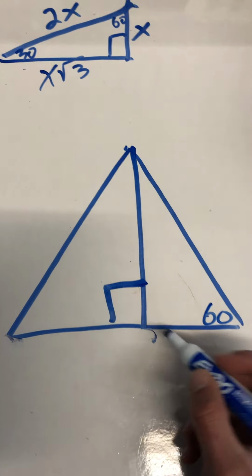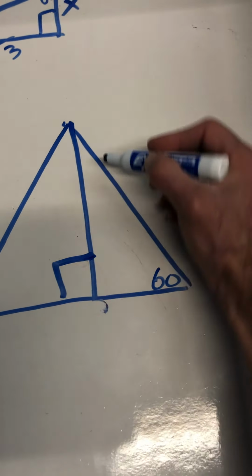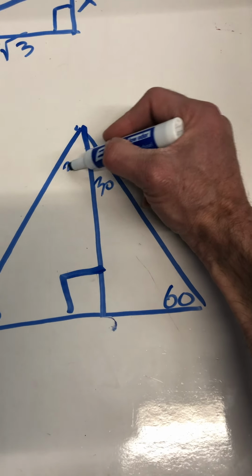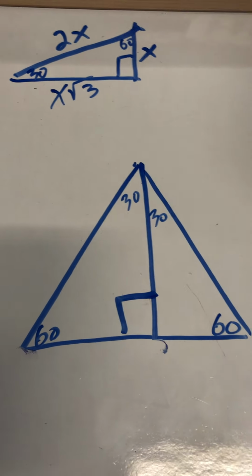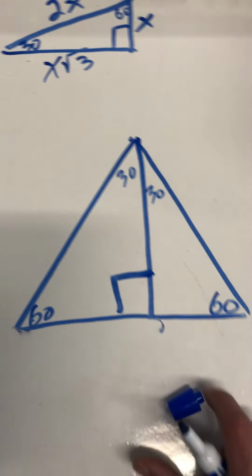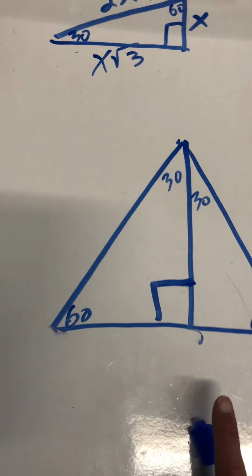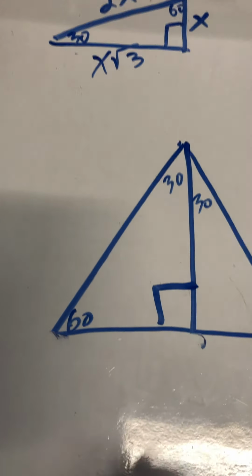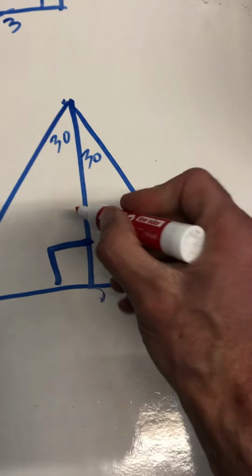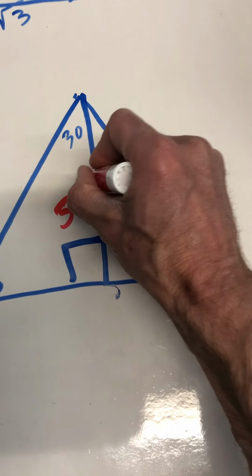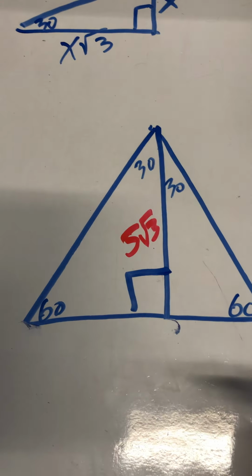We have two 30, 60, 90-degree triangles. Now, what else does it say about the equilateral triangle? It tells you that the altitude, the length of this, is 5 root 3 inches.